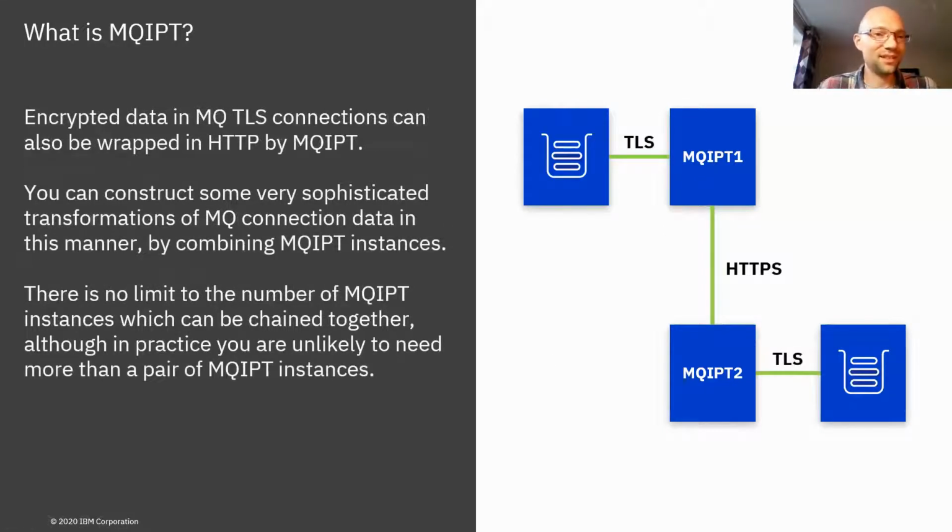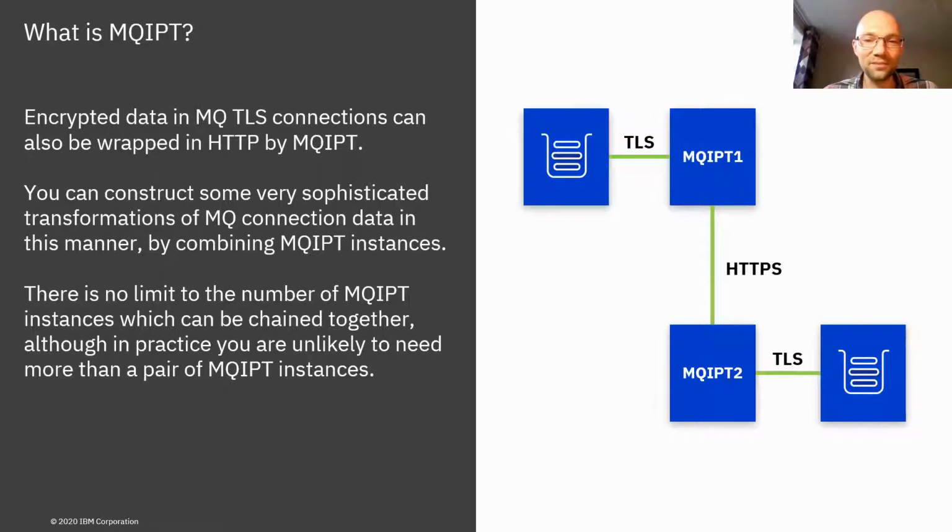Now, of course, there's all sorts of different combinations of features that you can use here. So with two MQIPTs, for instance, you can have a TLS connection between the queue manager and MQIPT, and then we can wrap that connection as well in HTTP, HTTPS in this case, because we want the whole connection to be secure.